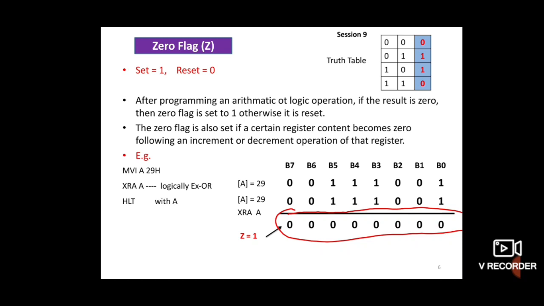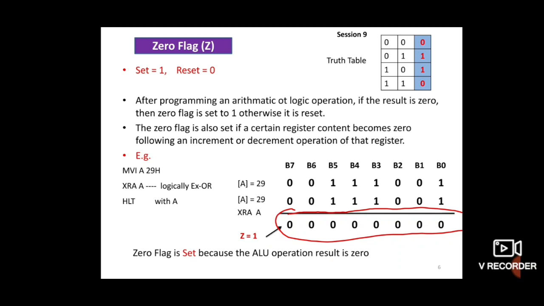No, these are different wordings in the zero flag for different operations. If the total result becomes 0, at that time the zero flag is set. Now in this case the zero flag is set because the ALU operation result is 0.